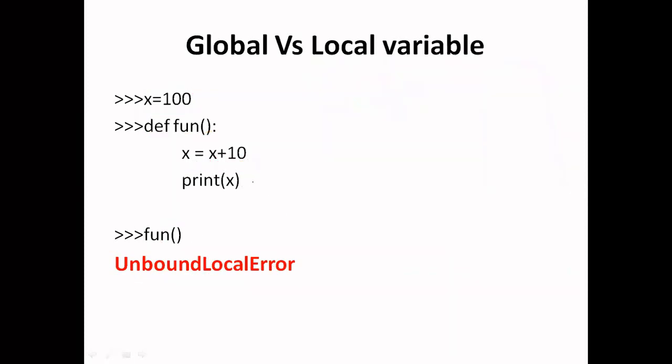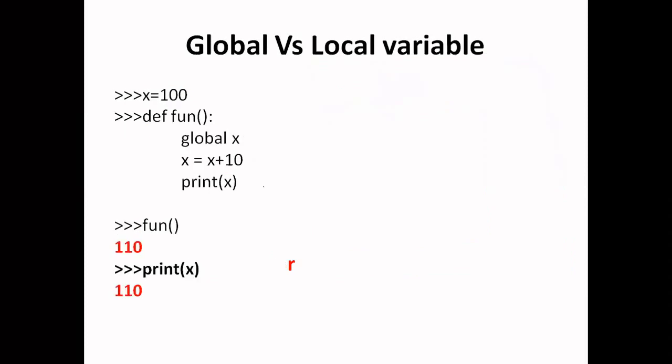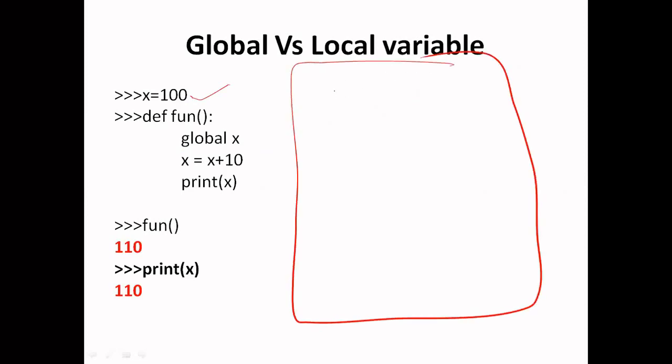To rectify this problem, we can modify the program with the statement global x. In this case, again when control comes to the first line, a global namespace will be created, and here this variable x is bound to object 100. And when the function fun is called, a local namespace will be created.